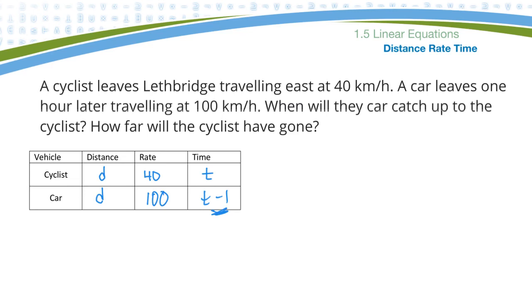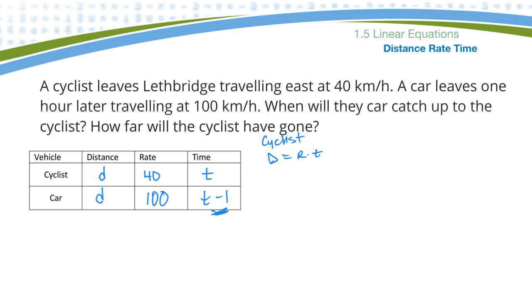So here I've got a relationship where I have a cyclist and the car, and they each have two variables that I don't know. But what I can do is just like I did in the last question, solve one of the equations for a variable and then plug it into the other one. Okay, so one of the formulas that you can use, and let's do the cyclist first, is distance is equal to rate times time.